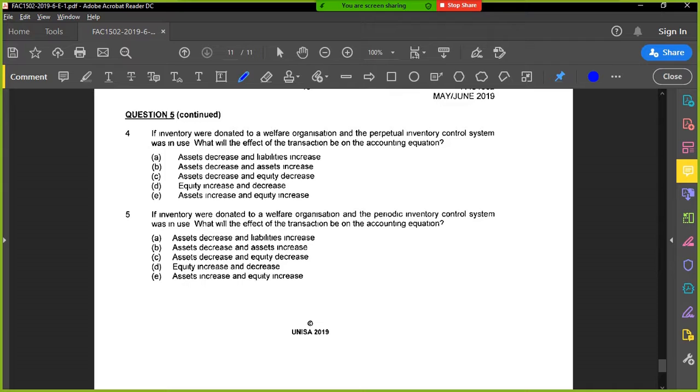If inventory were donated to a welfare organization and the perpetual inventory system was in use, what will the effect of the transaction be on the accounting equation? I'm not sure. Workings.